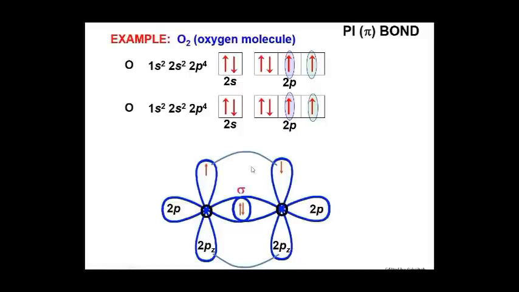This is parallel, side-to-side overlap, which produces a pi bond, and here end-to-end produces a sigma bond.